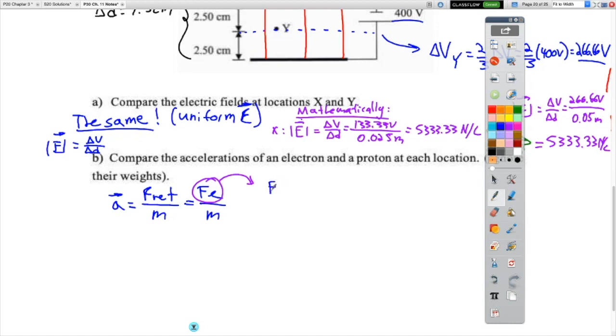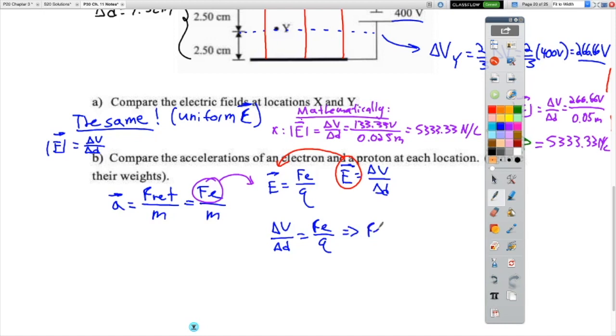We have that the electric field equals Fe over Q. So Fe equals Q times E. If we hadn't just done this step in part A, I want to show you it again because this is such a common calculation: the potential difference over D. So now we could take that and put it in here, and we would have that the potential difference over the separation distance is equal to Fe over Q, and therefore the electrostatic force is equal to QV over D. Right, now take all that, you've got to take all that.